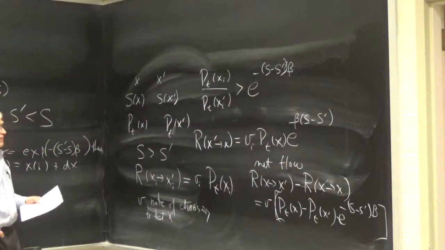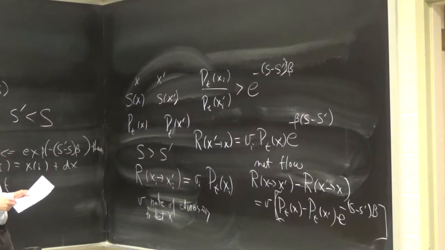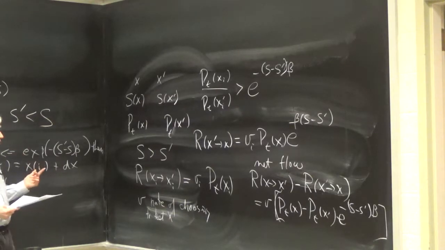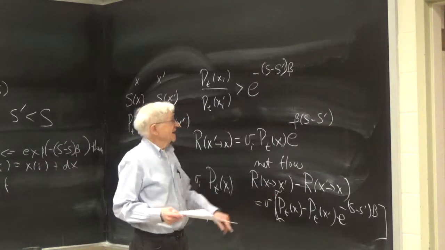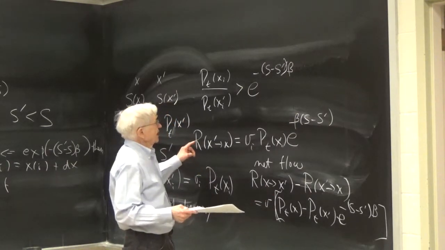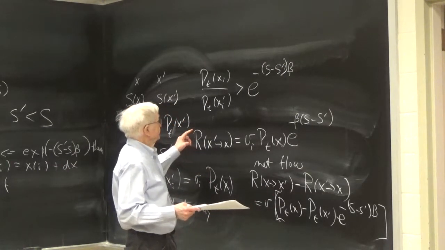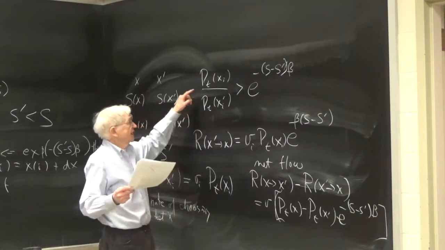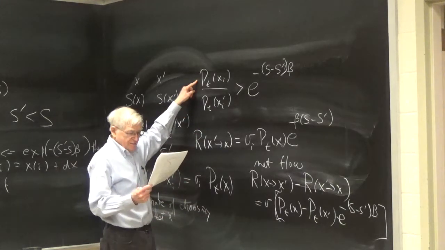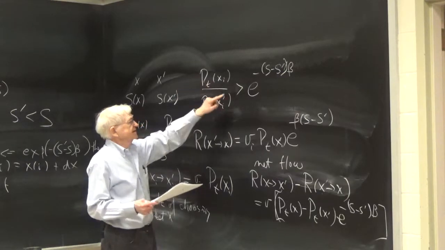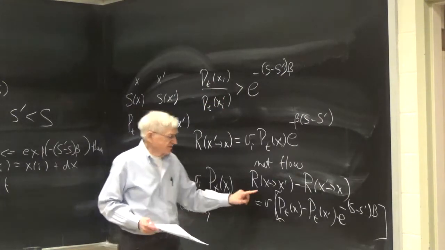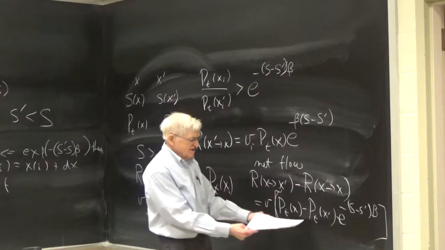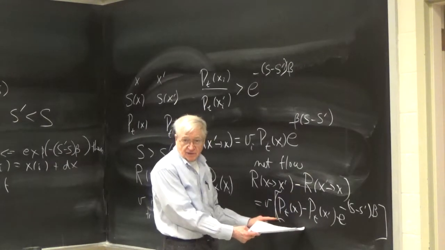And so the flow is toward x prime. Well, I think the easiest way to see this is that the flow stops when this thing is 0.